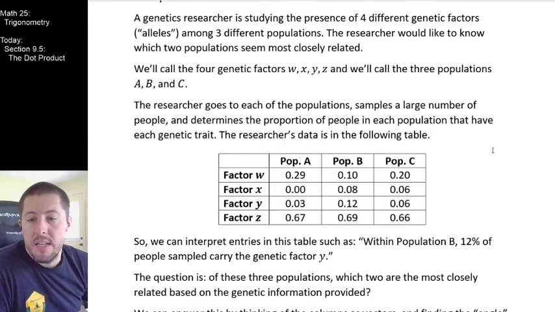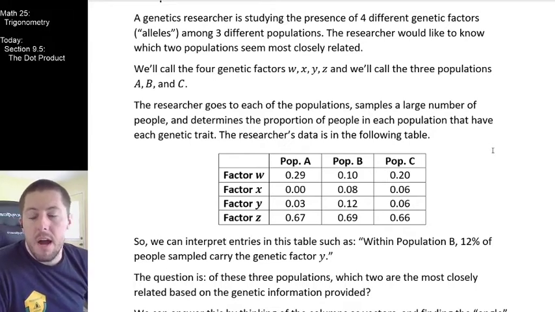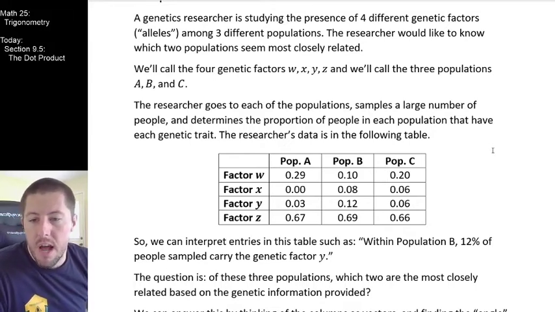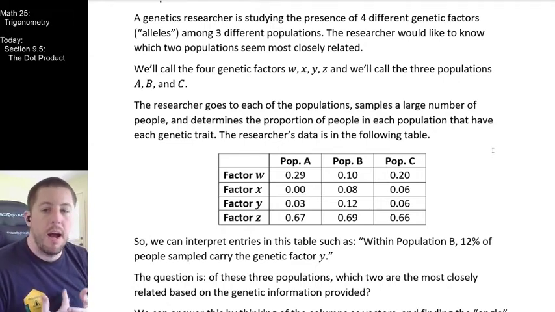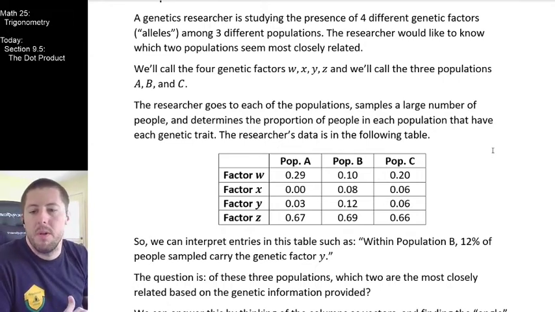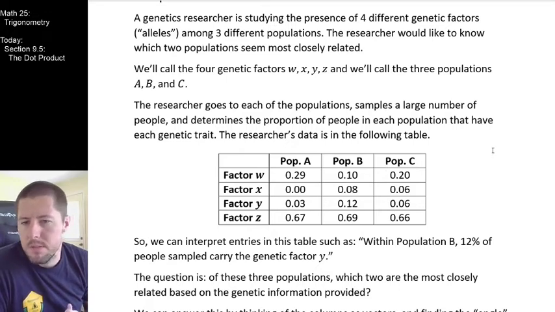So there's lots of genetic traits that only some members of a population have. For example, we can often tell if a person has a strong European heritage if they are not very lactose intolerant, right? If you can handle digesting milk, that generally belongs to more European type peoples, whereas Asian and Middle Eastern people often don't have as good a tolerance to digesting things like cow's milk or goat's milk.